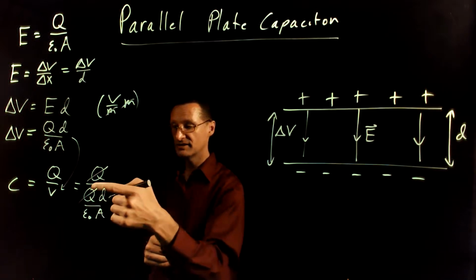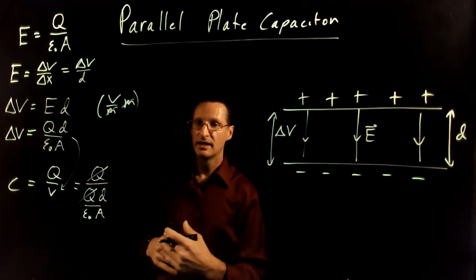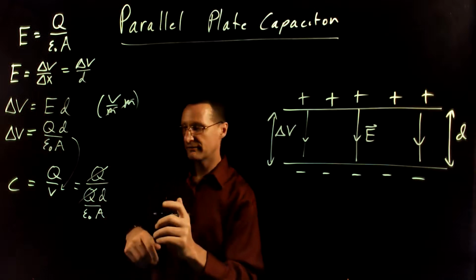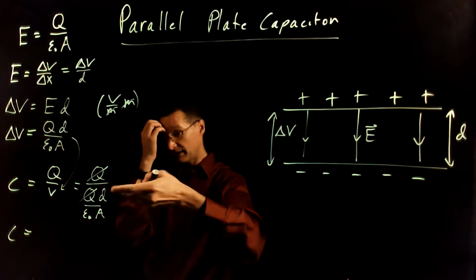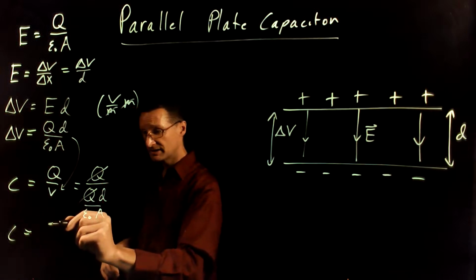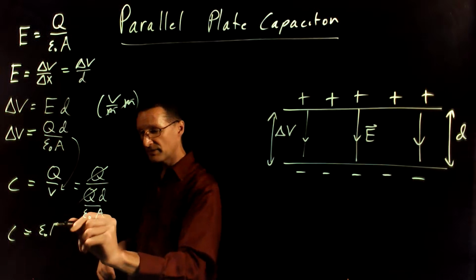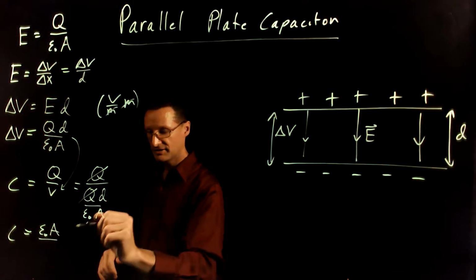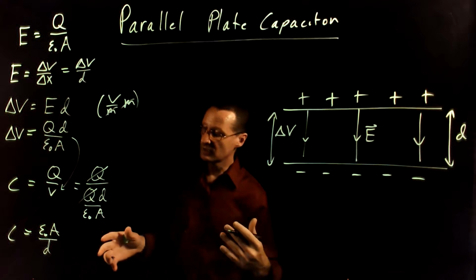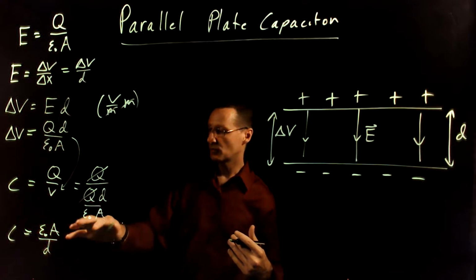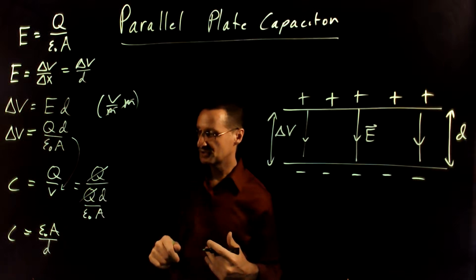Now, the other thing I notice is I have a fraction underneath a fraction. I don't like that, so I'm going to defractionize it a little bit. I'm going to invert this and multiply. So this gives me epsilon naught A over D. Okay, so now I can look at this. Again, this doesn't depend on the charge or the voltage.